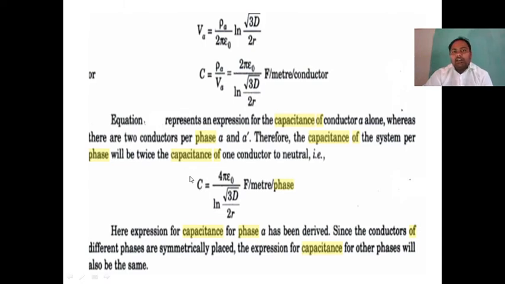Considering the hexagonal spacing, we can easily derive it. The very important point is that the distance from any conductor to point P is the same. Point P is located such that all the conductors are at equal distance from it. We assume that, then we can get the equation and also the formula very easily.